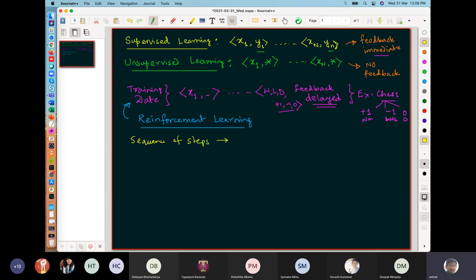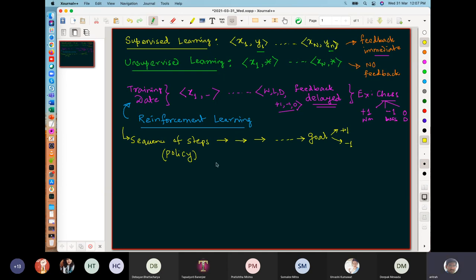I will follow this sequence of steps and ultimately reach some goal where the outcome may be +1 or -1. In machine learning terms we sometimes call this a policy: I need to devise a policy to make sure that I reach the goal from a starting position.